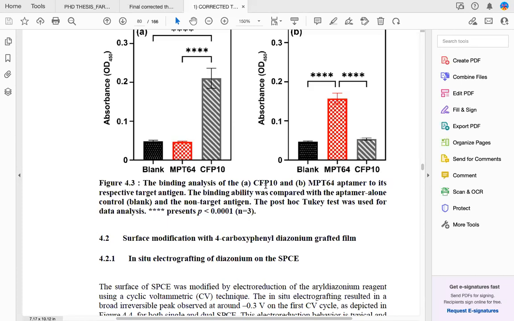What I want to highlight here is the caption, the whole caption. It must be very informative. The key is the figure itself is self-explanatory. What does self-explanatory mean? I don't have to read the discussion.